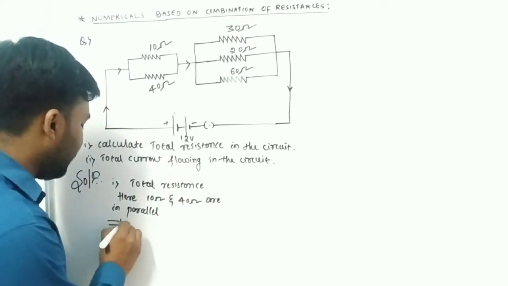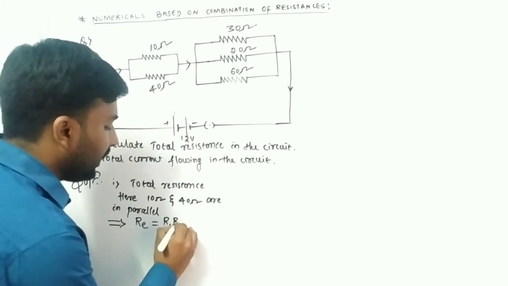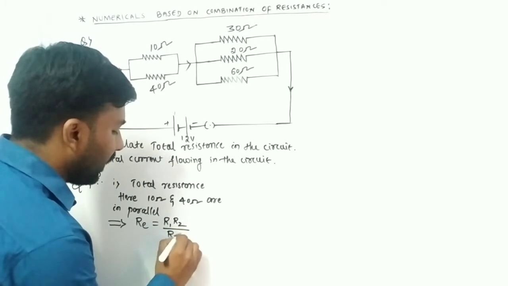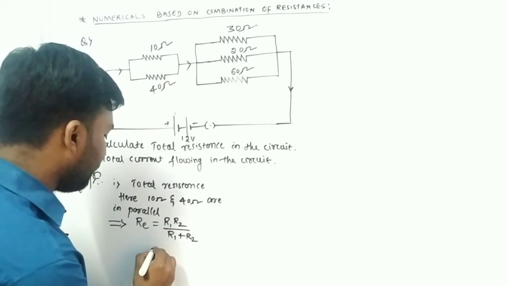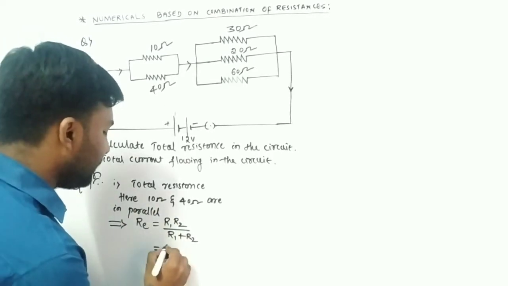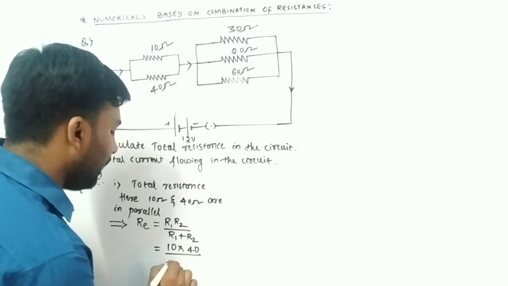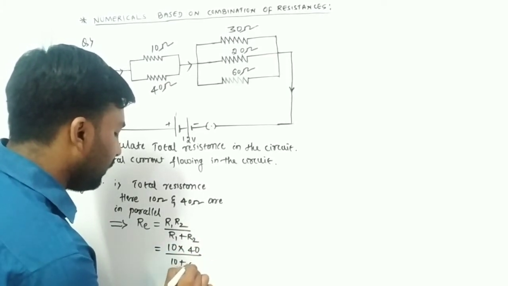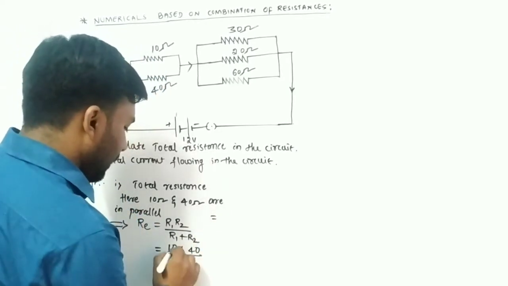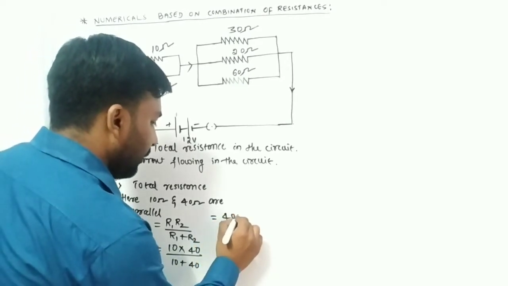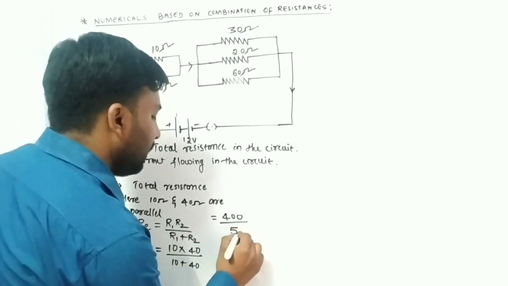So this implies that R equivalent is equal to R1 into R2 divided by R1 plus R2. So this is equal to R1 is 10, R2 is 40, divided by R1 is 10 plus R2 is 40. So this is equal to 10 into 40, it is 400, divided by 10 plus 40 is 50.